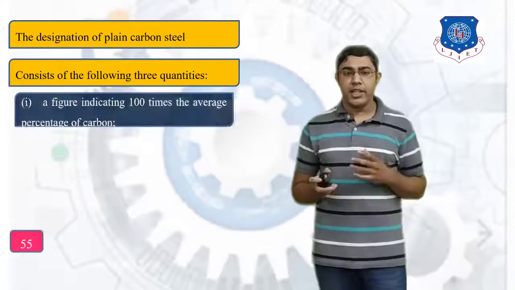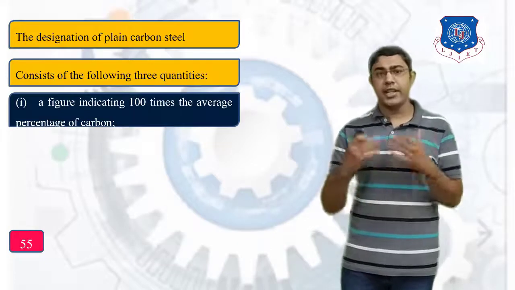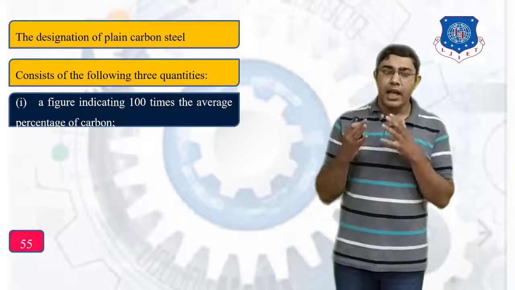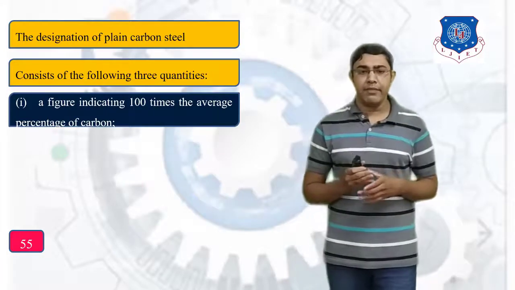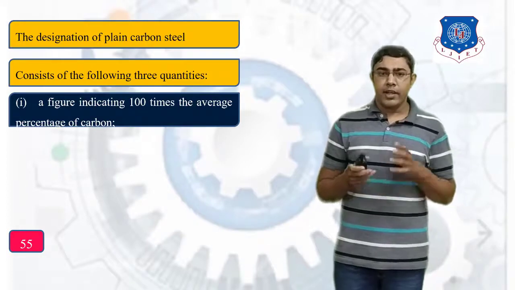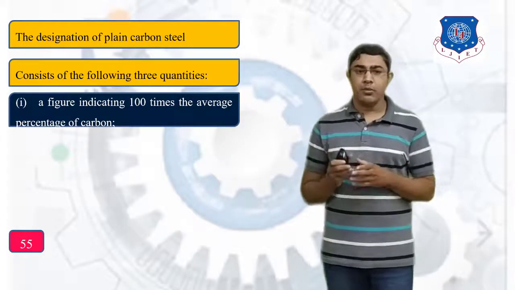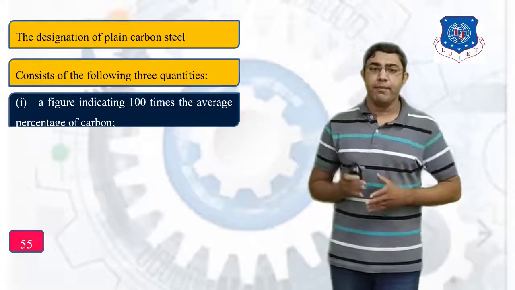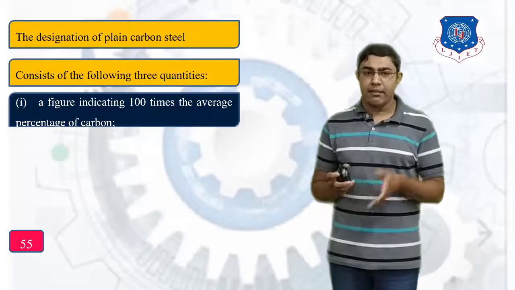The first quantity is a figure indicating 100 times the average percentage of carbon. As shown in the block, there is 55. What does 55 mean? It is 100 times the average percentage of carbon. That means there is 0.55% carbon in the plain carbon steel.